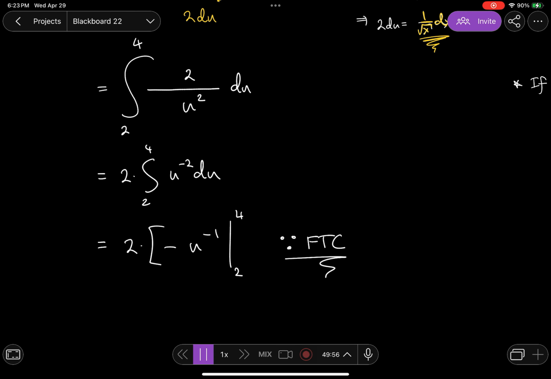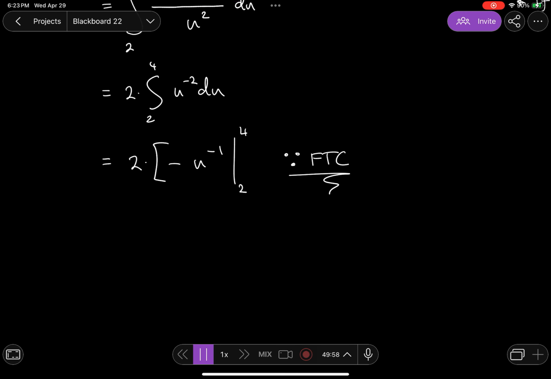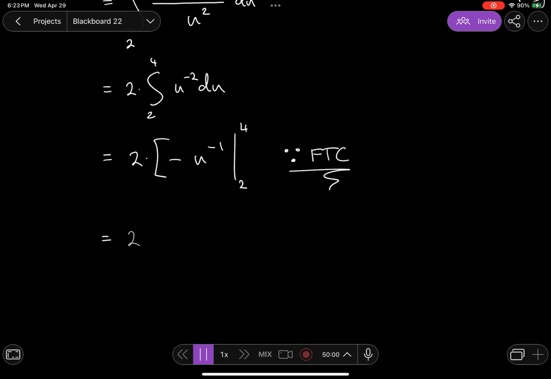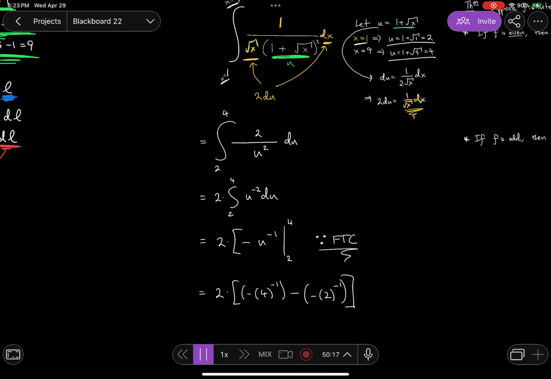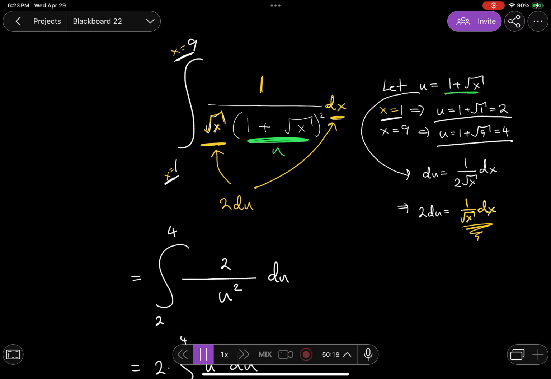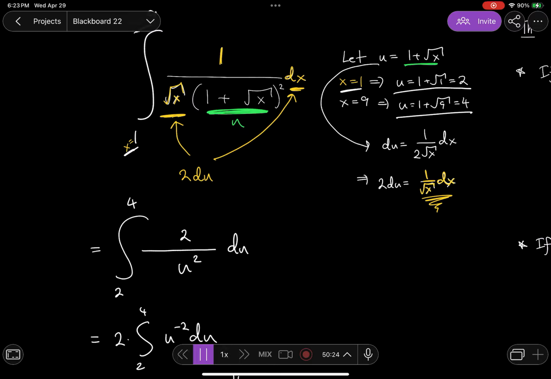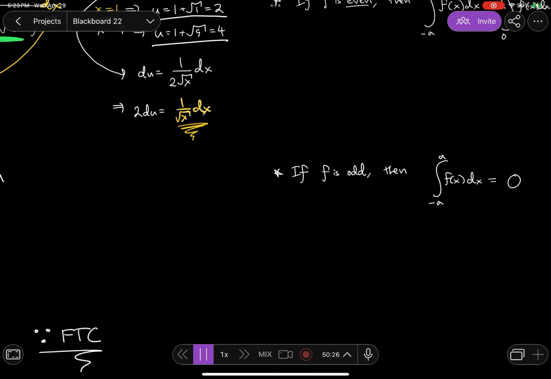I just used the fundamental theorem and skipped so much work. This is the same thing as 2 times, in parentheses, negative 4 to the negative 1 power minus negative 2 to the negative 1 power. And that will simplify to some number. Easy. Finding the area under the disgusting curve, and I don't have to find the limit of a Riemann sum at all. Very, very powerful.